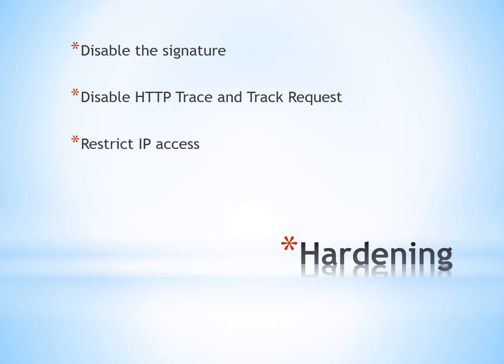And disabling the HTTP TRACE and TRACK requests. Attackers use and manipulate the TRACE and TRACK methods to intercept traffic connections. So disabling this could be a really good idea for hardening the server as well.